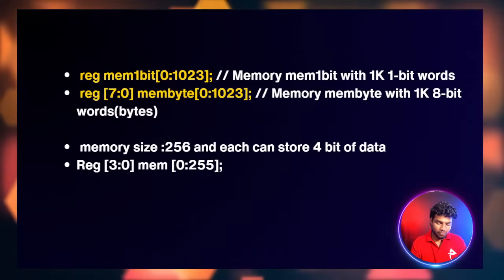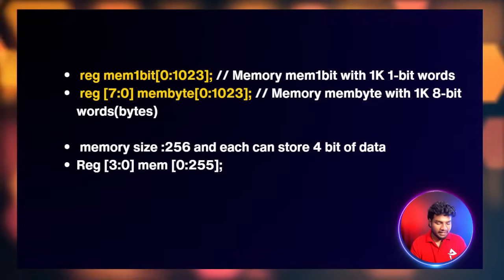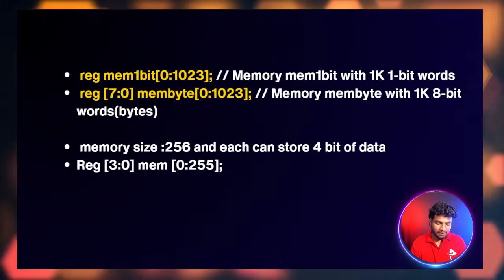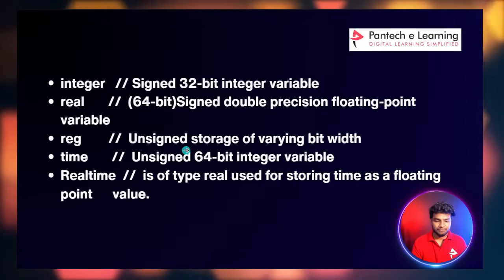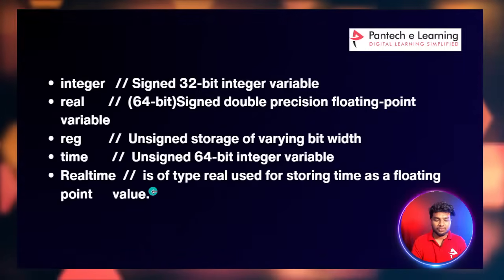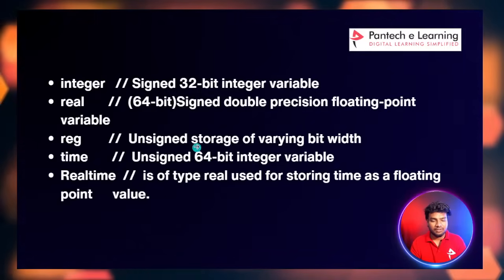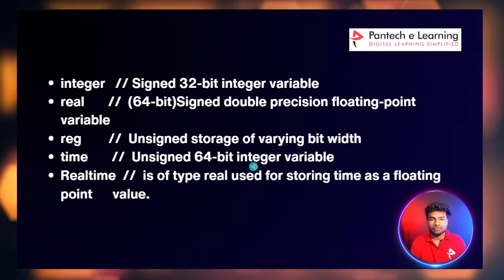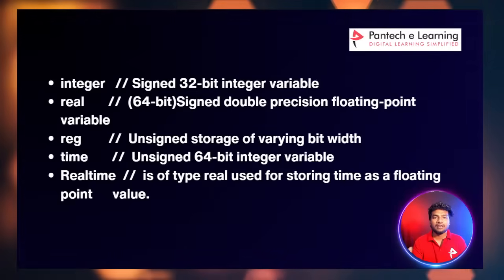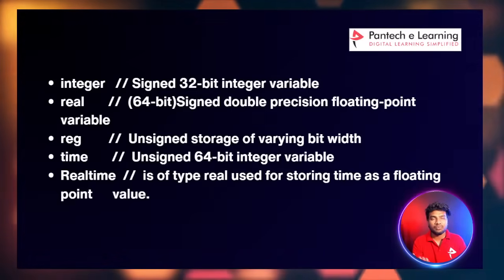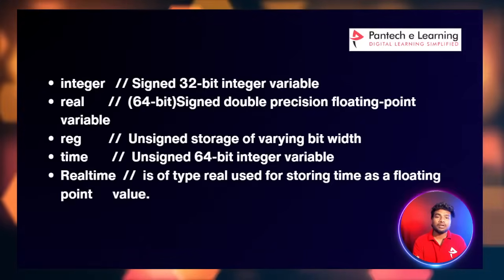So, what is the difference between real, real time, and time? The main difference is that time is an unsigned 64-bit integer value. Unsigned means that if you create a signal using the time data type, you can assign only positive values.